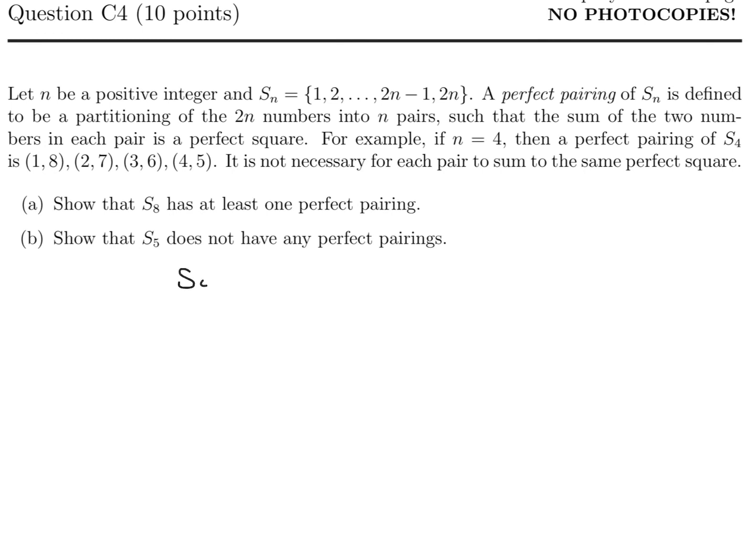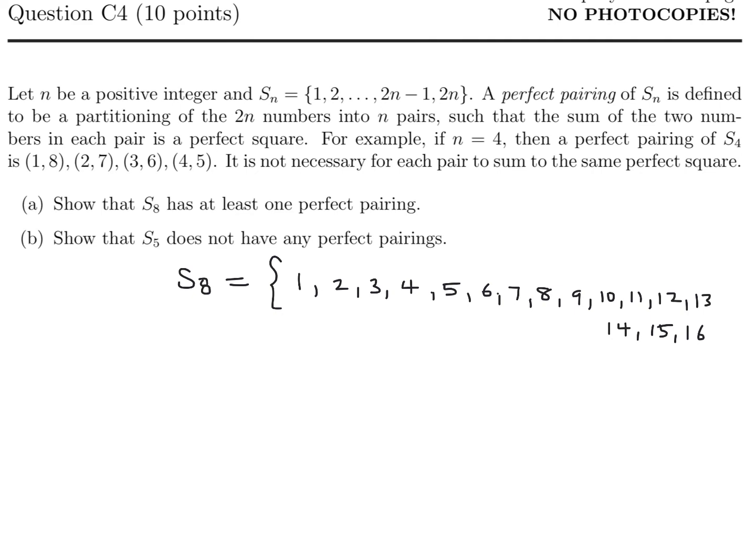Okay, so by definition, S8 would be the set of 1, 2, 3, 4, all the way up until 2n. So 2n in this case would be, if n is 8, 2n would be 16. So we're going all the way up to 16. All right.